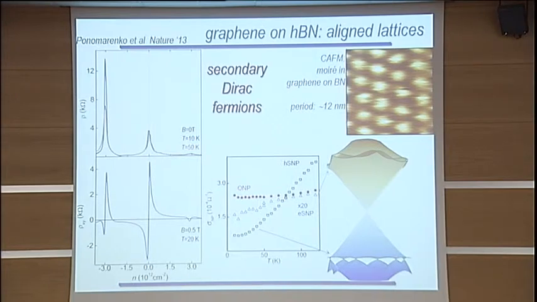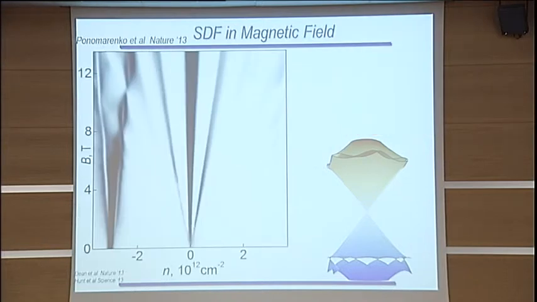as you saw yesterday from Martin's talk, depending on the type of the interaction, there might be one or three cones there, and in our experiments we would say that it's most probably one cone, one new generation of Dirac quasi-particles now. It's more interesting, of course, in magnetic fields.